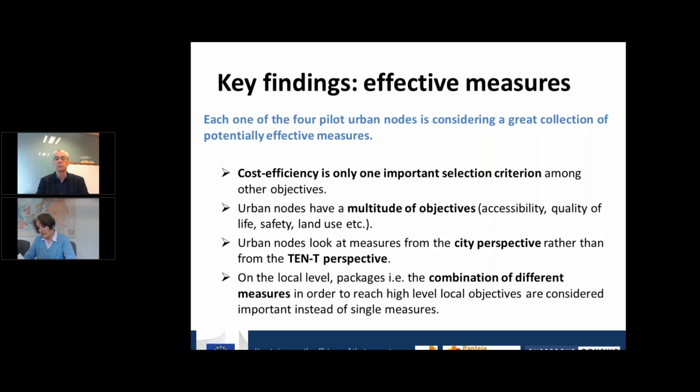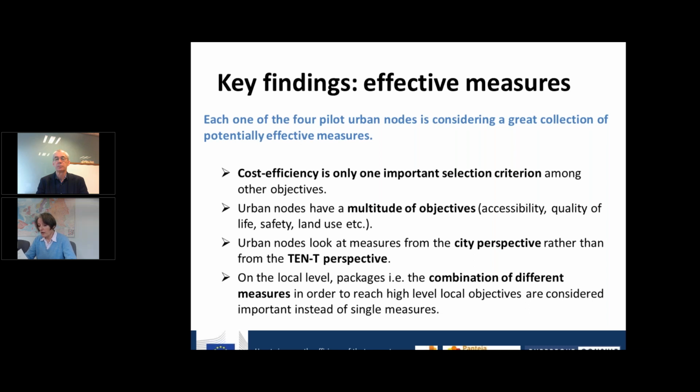Beyond accessibility, quality of life, safety, and land use especially are very important objectives, and they are raised together, and the assessments which are carried out have to address the multitude of those objectives.